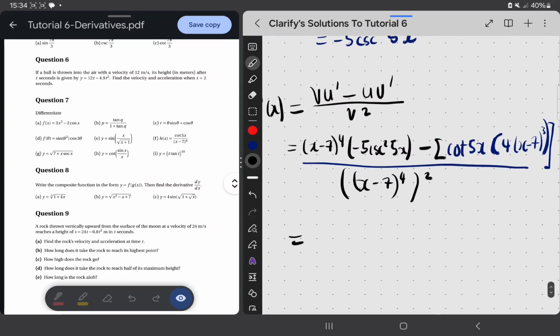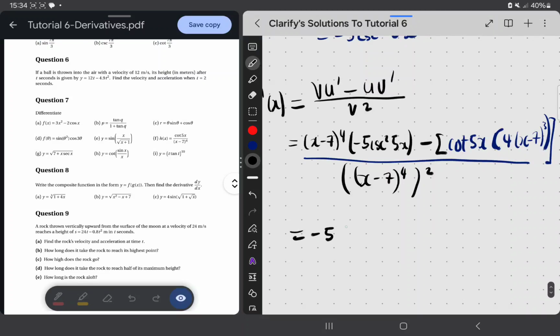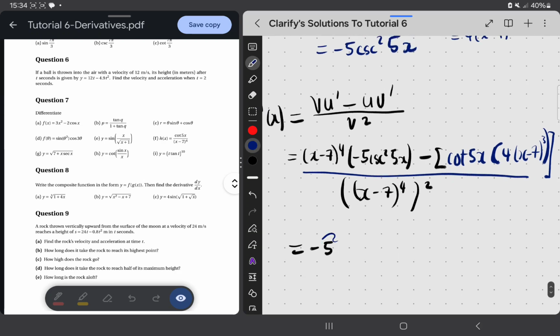So now what do I get here? It's going to be negative 5. You put the number first. We could start by putting the cosec, it's still fine. Negative 5 cosec squared 5x multiplying x minus 7 to the power of 4.